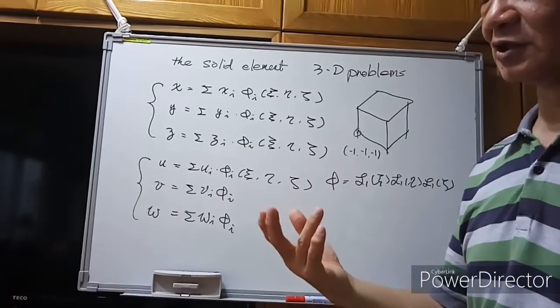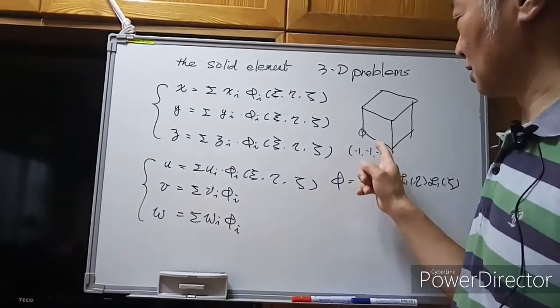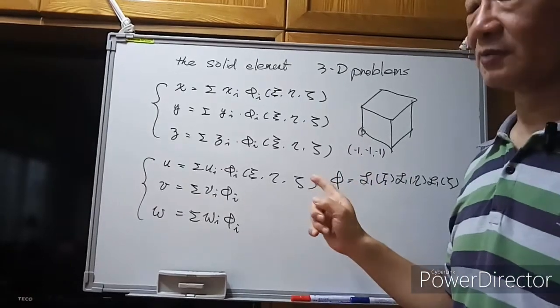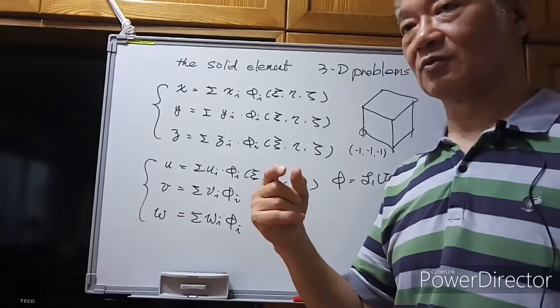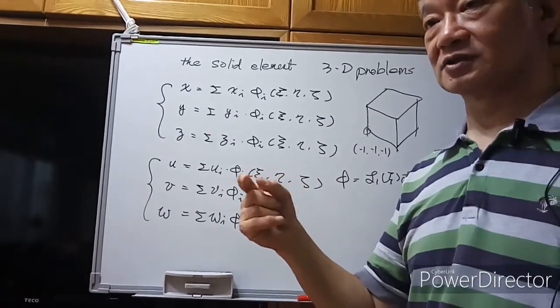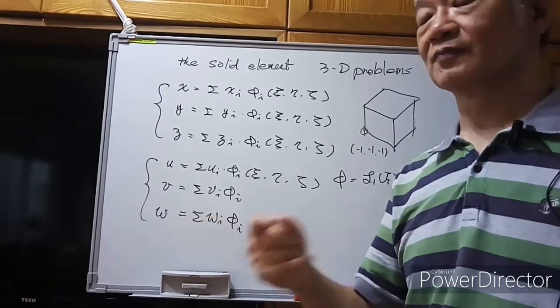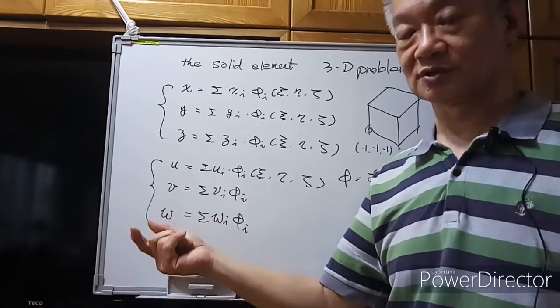But if it is 27 nodal points, then the L1 of xi equal to 0 will be equal to 0, and L1 of xi equal to positive 1 is also equal to 0.